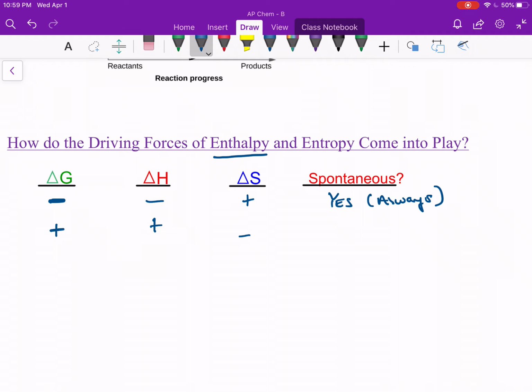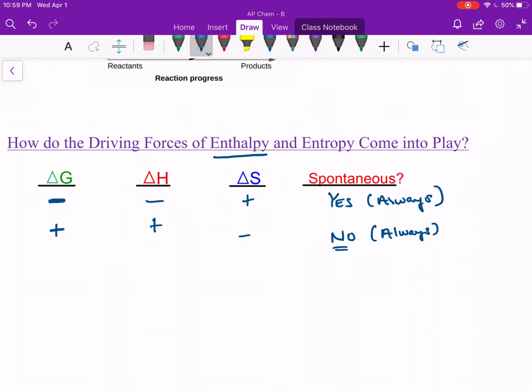We're going to have to do work to that process to get it to happen. And so this process, while it can happen, will never happen spontaneously, right? And that is always the case. It is always going to be a no in terms of, is it spontaneous? No, that's always the case if H is positive and S is negative.